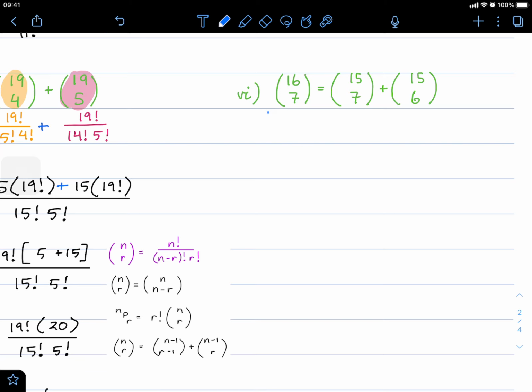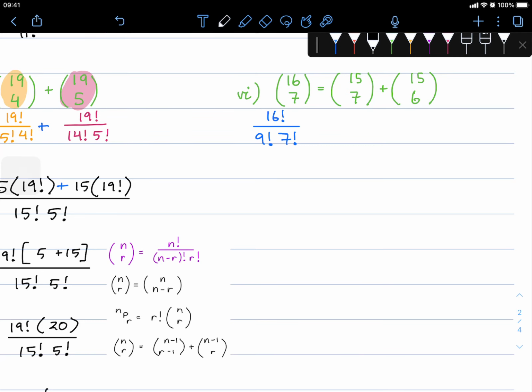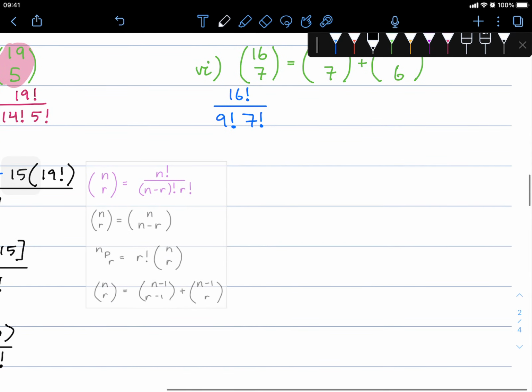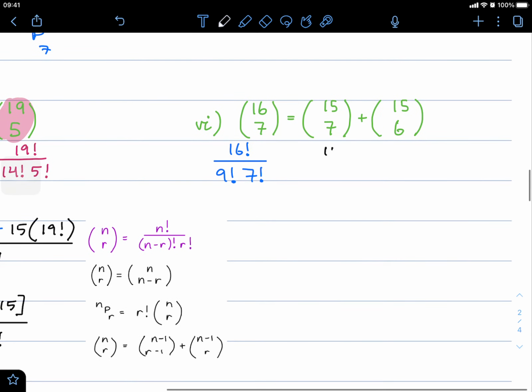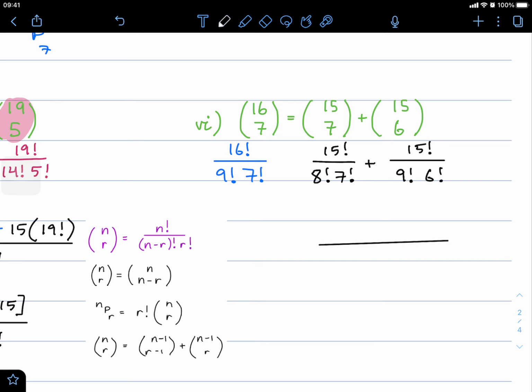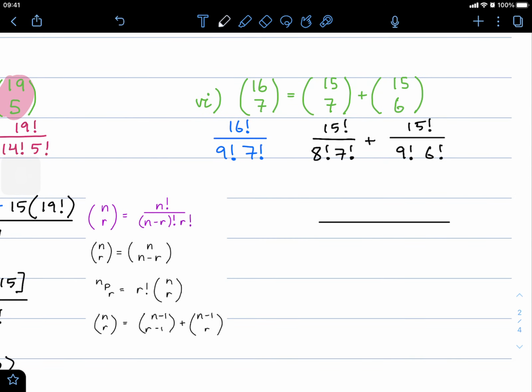This left-hand side is going to be 16 factorial over 16 take away 7 is 9 factorial times 7 factorial. That's the left-hand side.